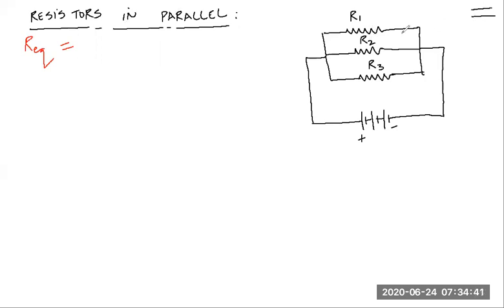They're like this. So one resistor, second resistor, third resistor. Now guys, in this case, the voltage across every resistor is same. You could intuitively understand that if you put a voltmeter here, the readings of the voltmeter across every resistor would be same.